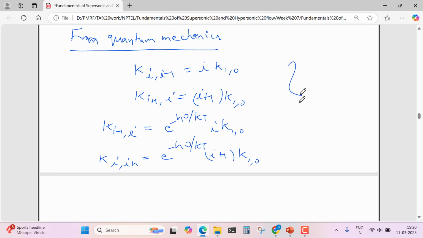So we got all these four vibrational rate constants in terms of K(1,0).